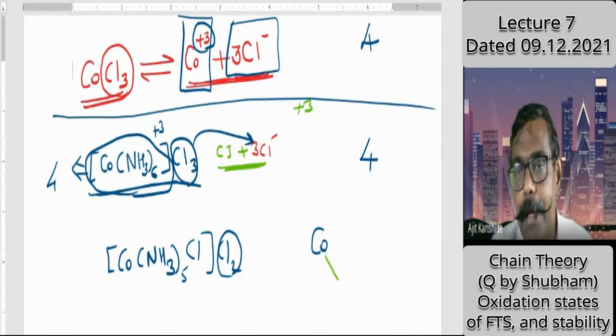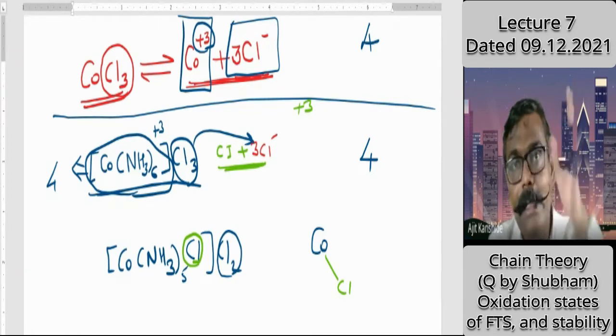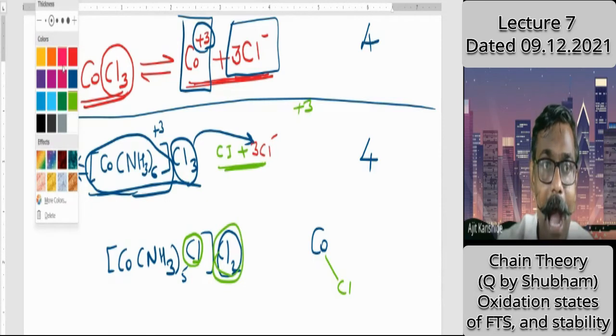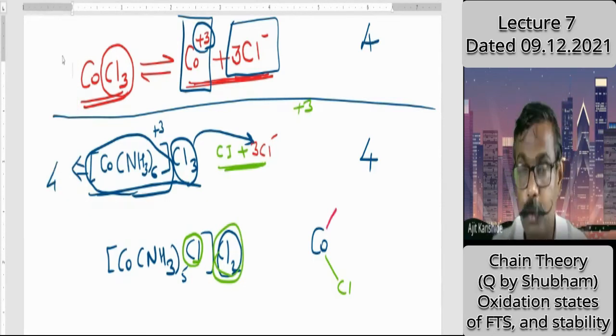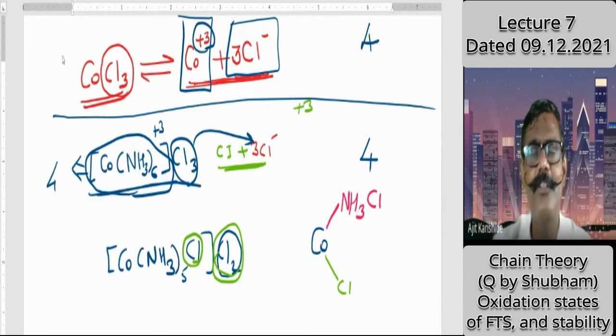It is directly linked to cobalt. And these 2 Cl-, which are ionizable, are not directly linked. Through the chain they are linked. One ammonia molecule is also sufficient to have the chain. And this Cl.